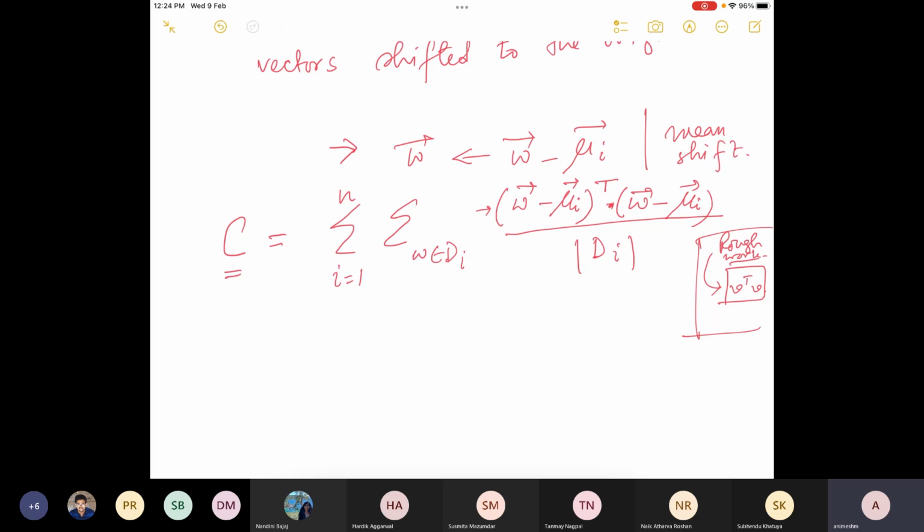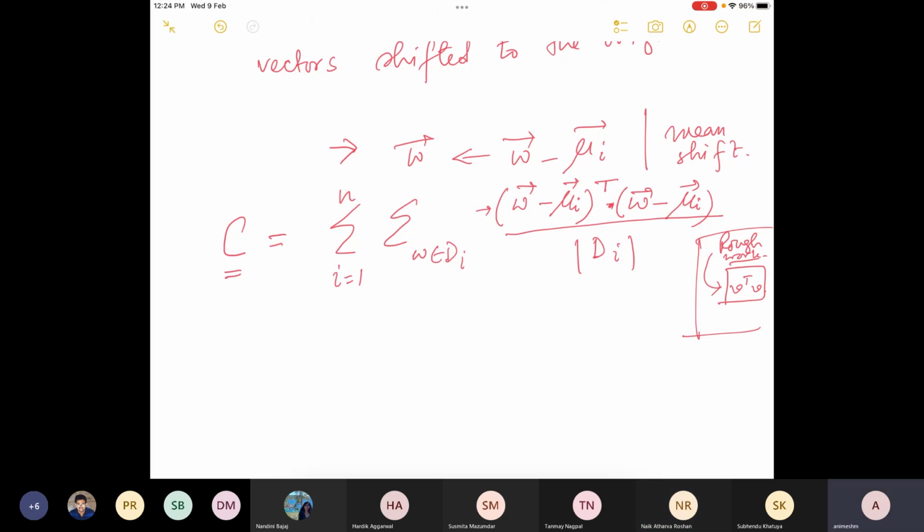What type of mathematical object is C? Is it the variance? Very good. So this is a variance. But what is the mathematical object? Is this a vector? No, it's a scalar.